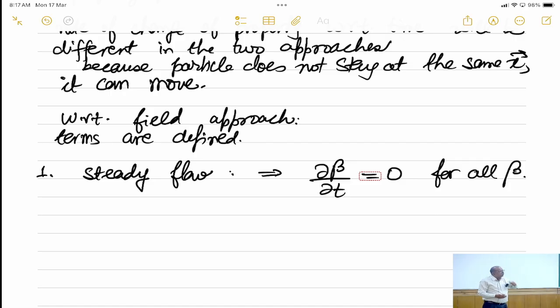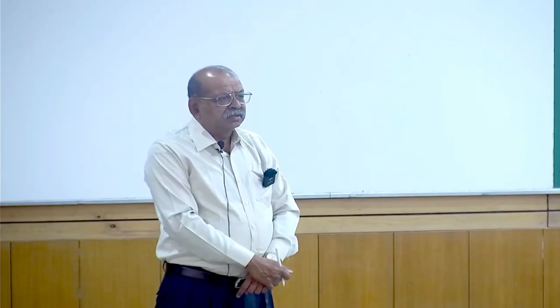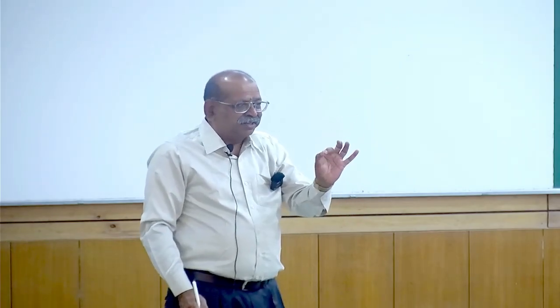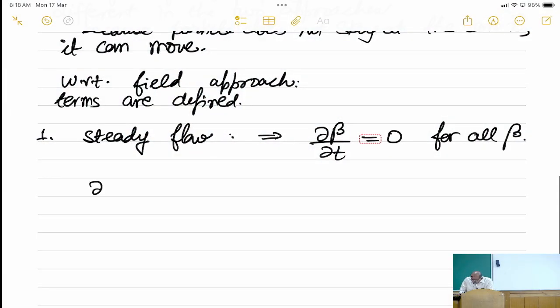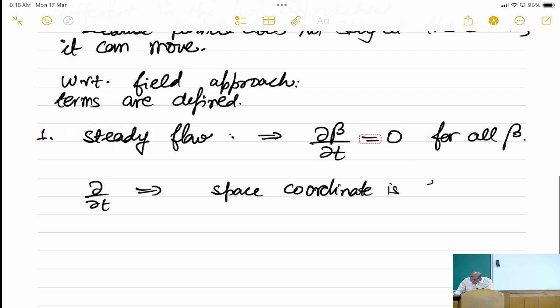Now, what do we mean by a partial derivative? When I say partial beta by partial t is 0, what's the meaning of that? It means you're fixing yourself at a particular location. X is fixed. When I say partial derivative, this implies the space coordinate is fixed.